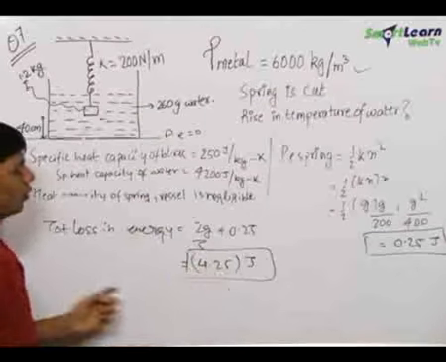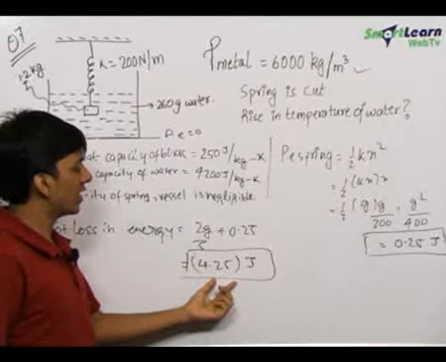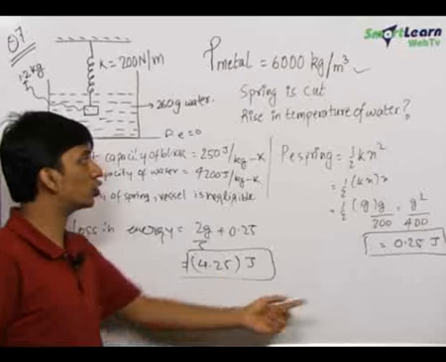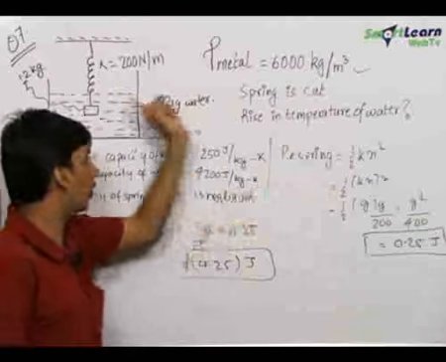Therefore, this is the amount of energy that is lost, and this is the amount of energy which is used to raise the temperature of the water and block system.